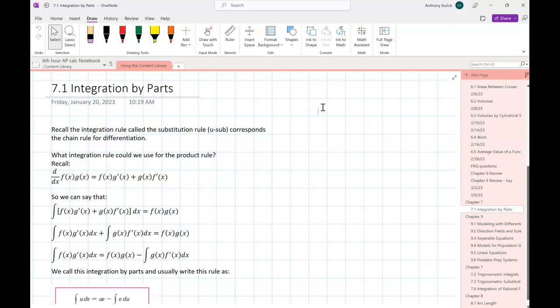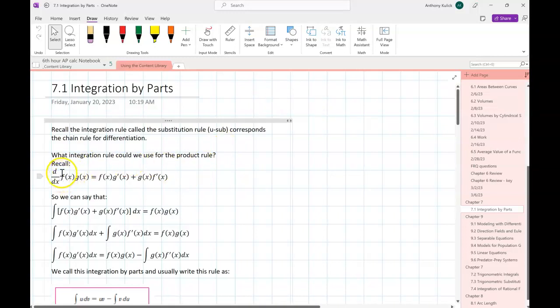We called that technique u-sub. Remember, there are 2 other major derivative rules, product rule and quotient rule. What do we do for a problem that would have involved a product rule or quotient rule? We're going to need a new technique to be able to handle those sorts of things. That new technique is integration by parts.